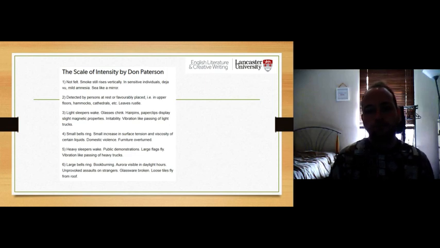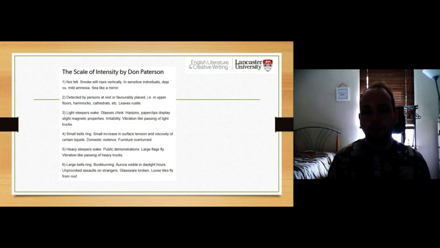1. Not felt. Smoke still rises vertically. Insensitive individuals, deja vu, mild amnesia. See like a mirror. 2. Detected by persons at rest or favourably placed, i.e. in upper floors, hammocks, cathedrals, etc. Leaves rustle. 3. Light sleepers wake. Glasses chink. Hairpins, paper clips display slight magnetic properties.